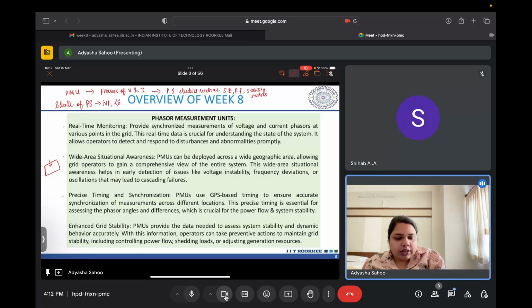These studies will provide the control actions. These control actions can be preventive or corrective, and they will ensure the stability of the system.